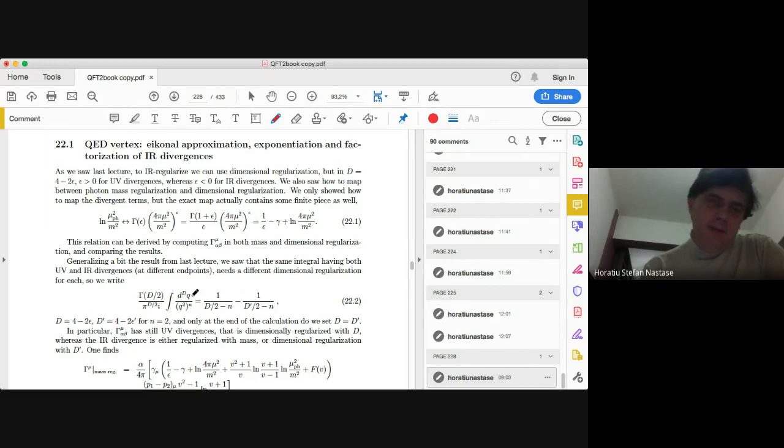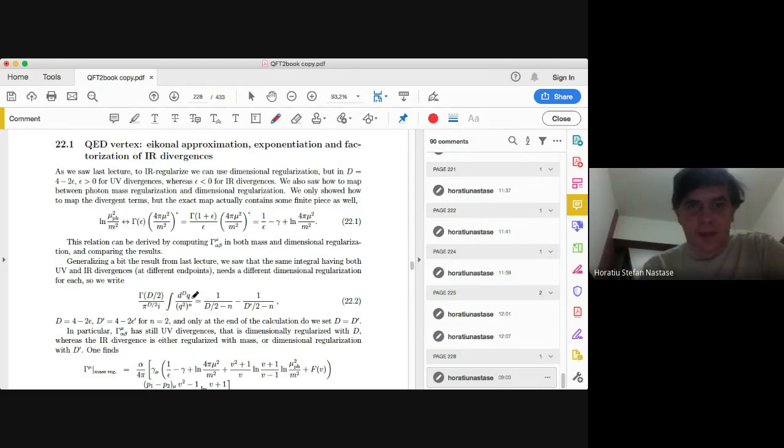But to write it in a way that emphasizes the fact that we said before, we will think of the integral at the upper end over dimensions that are d equal 4 minus 2 epsilon, and the integral at the lower end over some d prime, which is d prime equal to 4 plus 2 epsilon prime, or minus 2 epsilon prime.